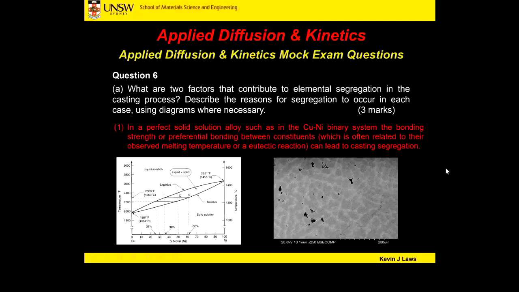So this has got to do with a preferred bonding situation, where certain elements want to bond with each other. If you can draw these diagrams, or something that symbolises this, that's going to help your case greatly if you can't describe it.